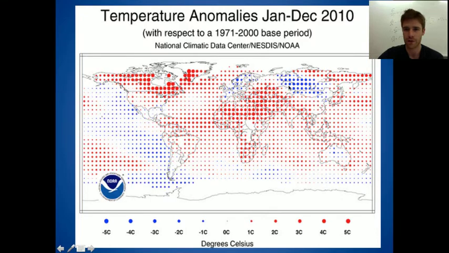If you look at central Russia and Mongolia, Europe, central Australia, parts of South America, Florida, those areas actually experienced colder than average temperatures, despite the fact that the globe overall set the record for the warmest temperature on record.